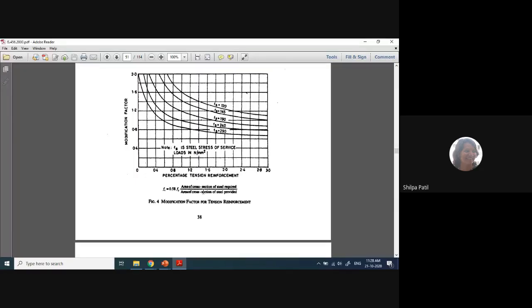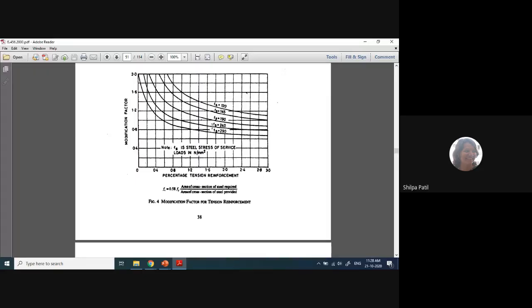Okay. Now the percentage steel we have to assume initially, so that we can make use of this graph to find out modification factor. Fs value we have already calculated, which is 240. So we have to refer this curve now. Are you able to see the curve corresponding to Fs equal to 240? Yes, ma'am. So we have to refer this curve now. Now we will assume the percentage of tension reinforcement.